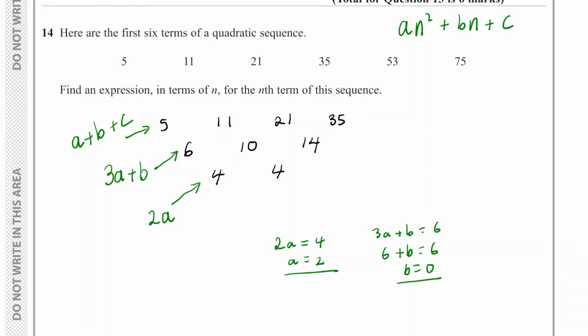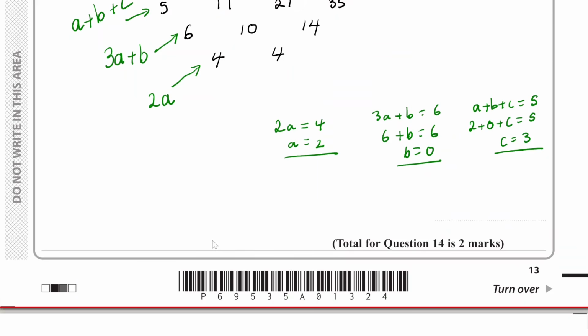And if a plus b plus c equals 5, that means 2 plus nothing plus c is 5. c must be 3. 2 plus 3 makes 5. So our sequence is 2n squared plus no n's plus 3. So 2n squared plus 3.